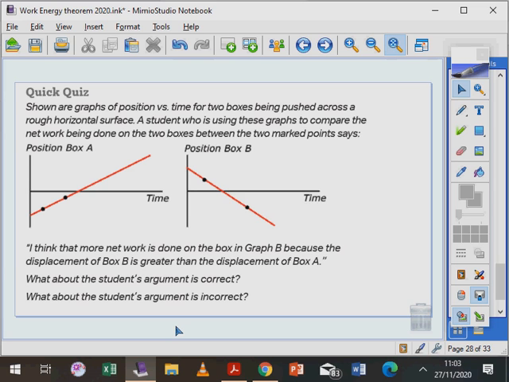You had a minute. What does the student... Sorry? I think it's incorrect. No, they're asking you that there are some aspects of that statement that are correct, and some aspects that are incorrect. So which aspects of this student's statement are correct?